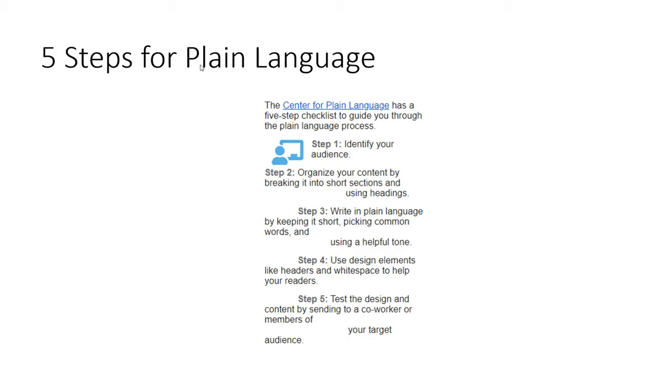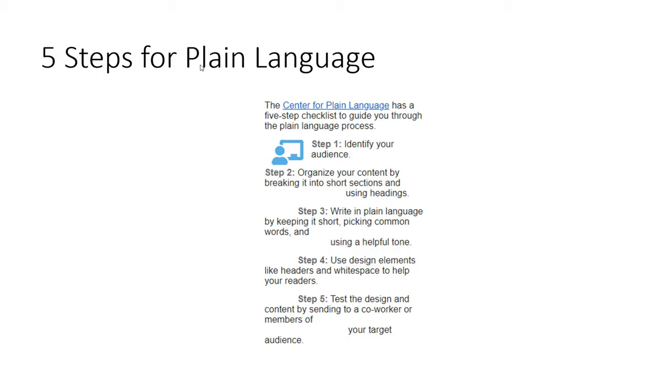So the 5 steps for plain language are: identify your audience, organize your content by breaking it into short sections using headings, write in plain language by keeping it short, picking common words, and using a helpful tone. Plain language is all about making it easy for your reader.